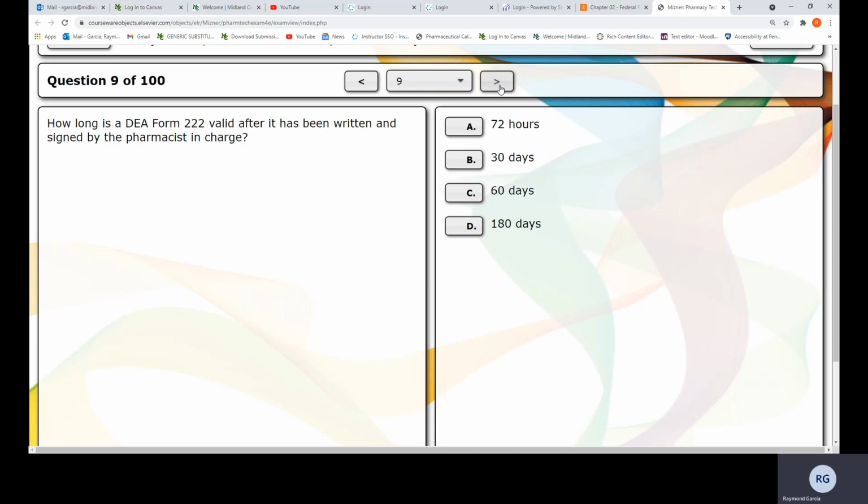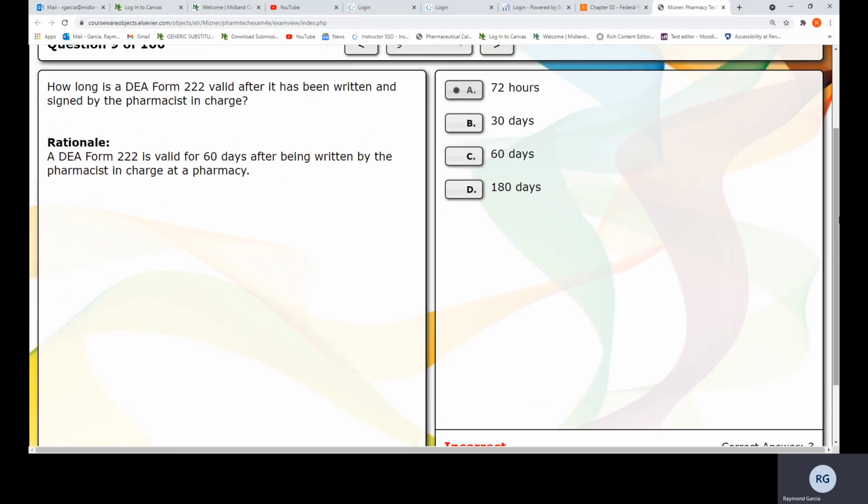Yeah, let's try. Actually, 60 days. Wow. You kind of want to say 72 hours, but yeah. 60 days after being written by the pharmacist in charge of the pharmacy. Okay, so it's just a matter of repetition.